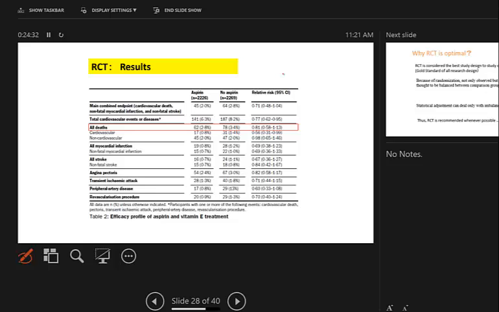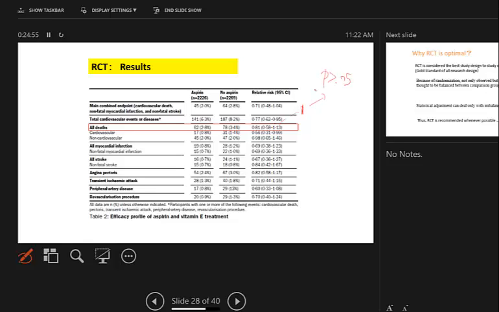So in this study, the relative risk for death between aspirin and non-aspirin is 0.81. This is a 95% confidence interval, which I will explain when we talk about stats. But anyway, a quick judgment: if 1 is included in this interval, this translates to a p-value greater than 0.05.